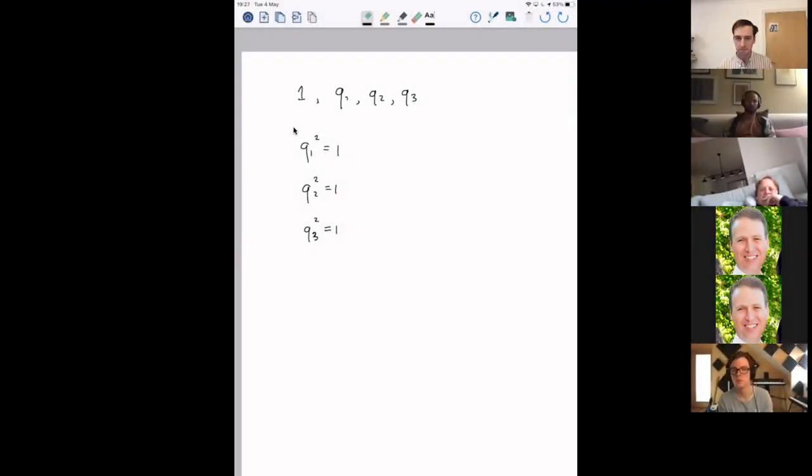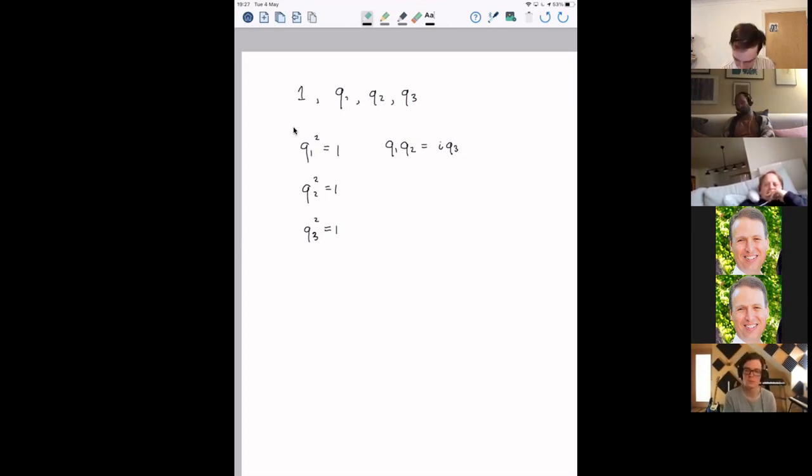And that's simple enough. There are real numbers that adhere to this property. But now, less trivially, we also require that, for example, Q1 times Q2 is equivalent to I times Q3. And cyclical permutations of this are also true.